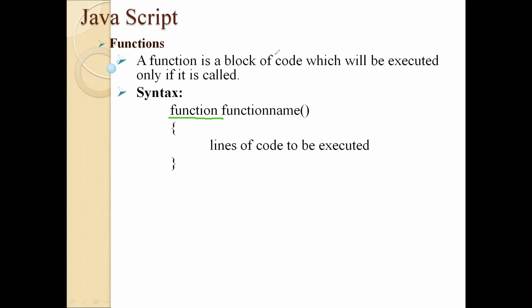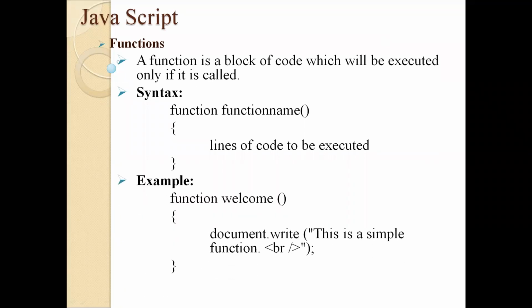The four parts are the function keyword, the function name, the parameters of the function, and the fourth part, the body of the function. I will underline them with different colors. So let us see how these functions can be defined and called in JavaScript.